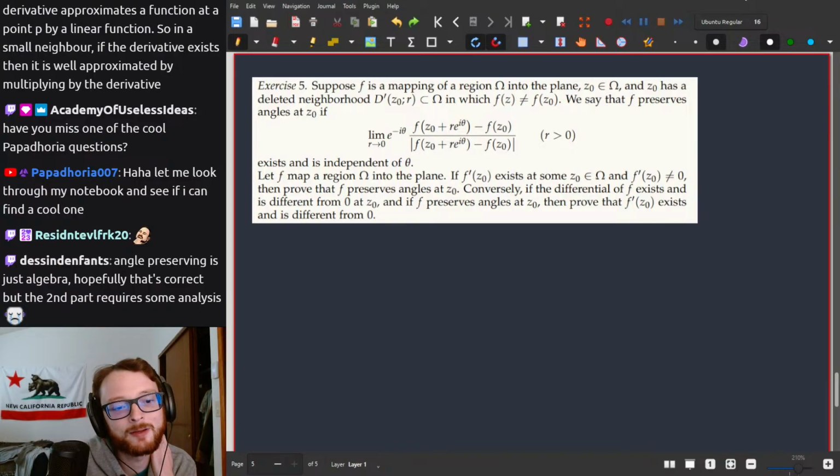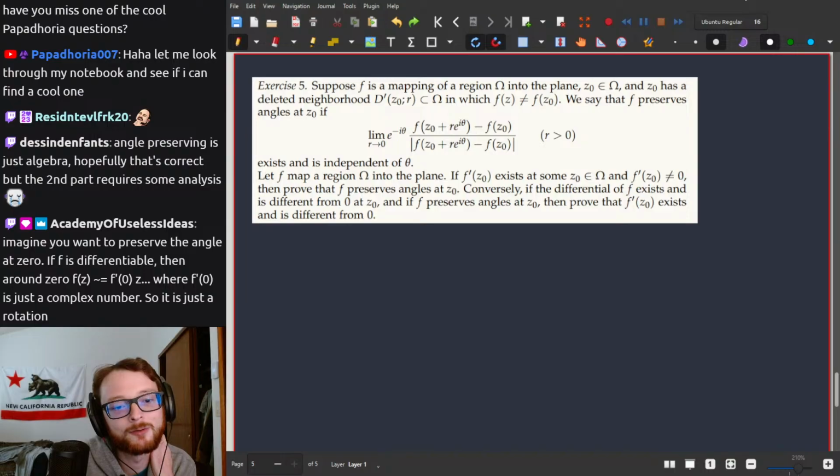The differential of f exists and is different from 0, and it preserves angles at z0. Wait. Am I misreading this?